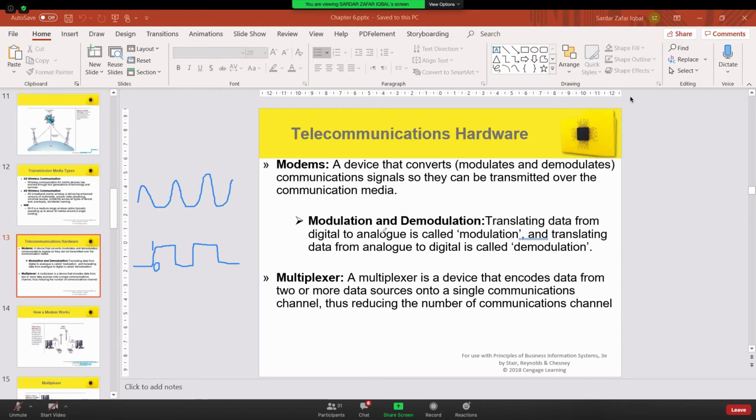Your computer sends data to the modem, the modem converts that digital into this form, and it goes through the wire to the tower and on to the destination. At the destination there is another modem that converts this analog signal into digital, so the computer can understand. This is called modulation and demodulation.